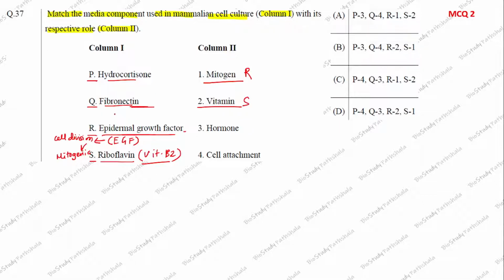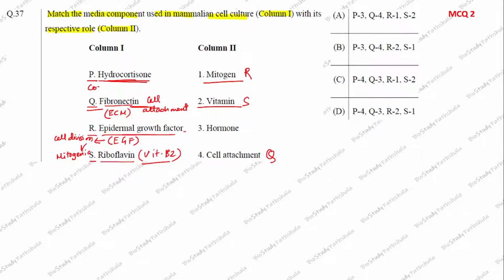Next is fibronectin, and it is an extracellular matrix. Extracellular matrix is responsible for cell attachment. So this Q will go with option 4. And the last one is hydrocortisone.